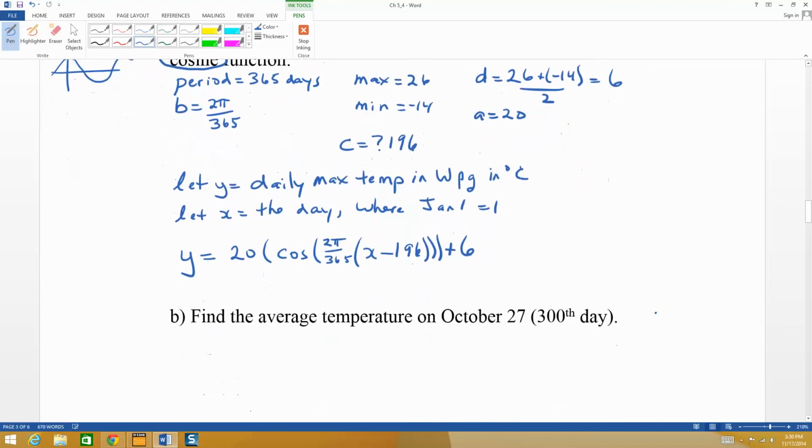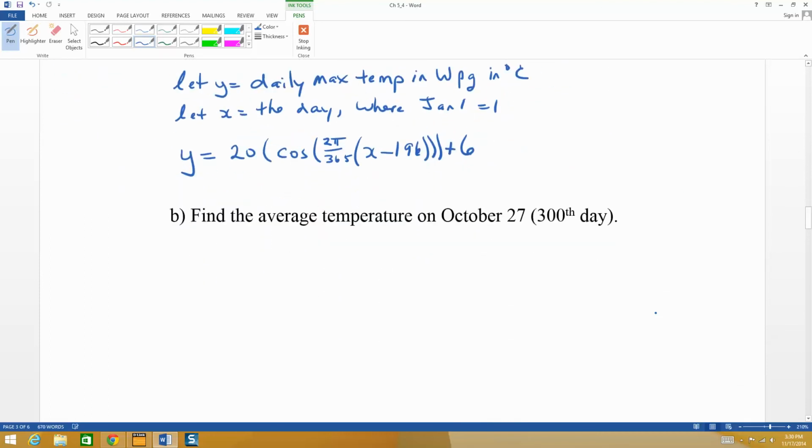Now it says find the average temperature on October the 27th, which is the 300th day. In other words, y equals question mark when x is equal to 300.